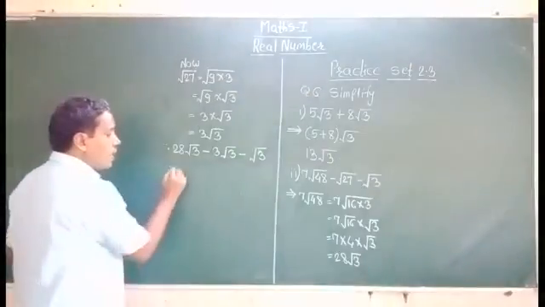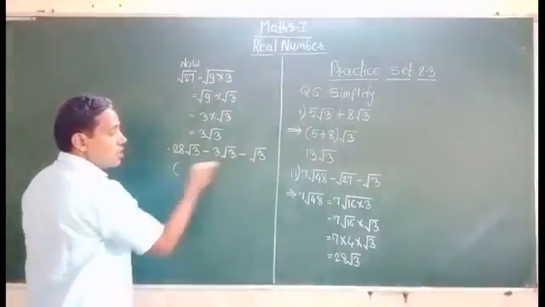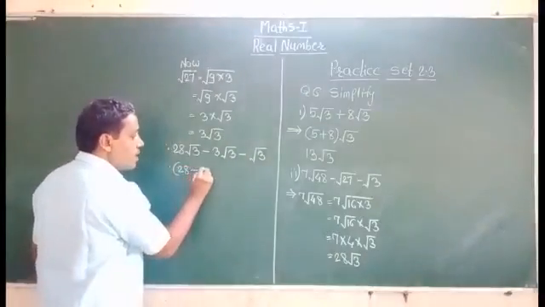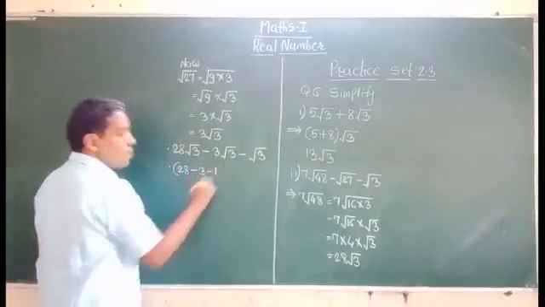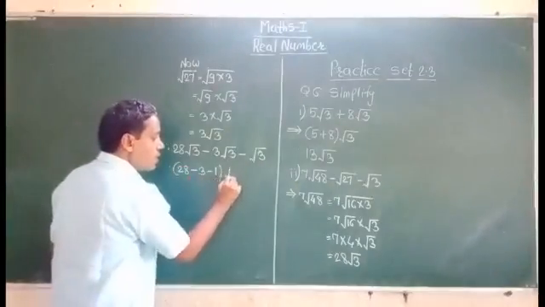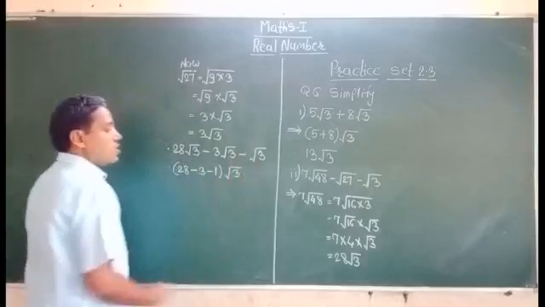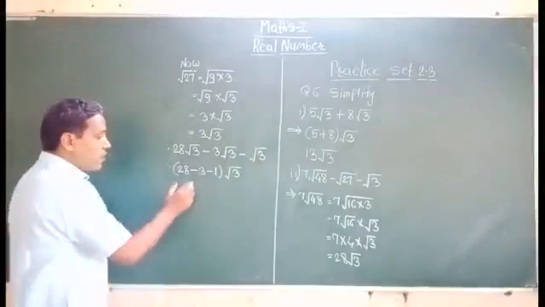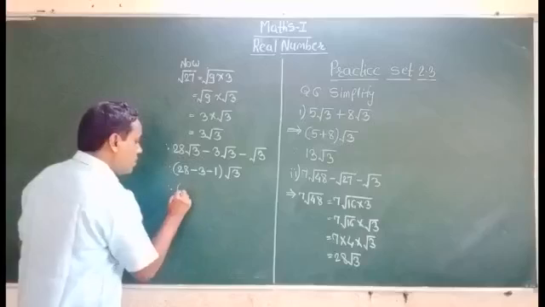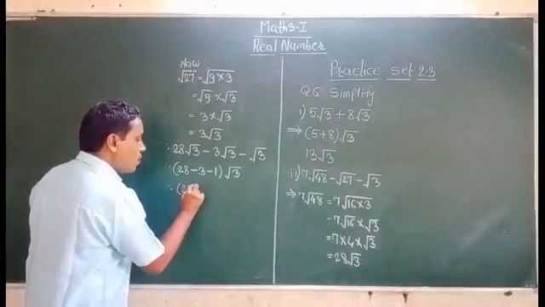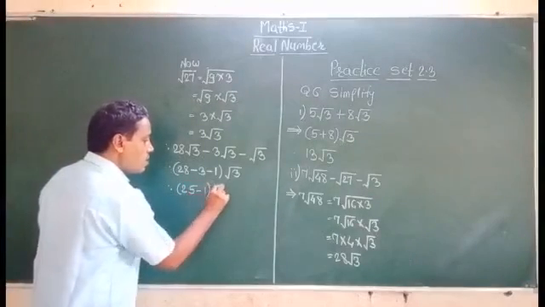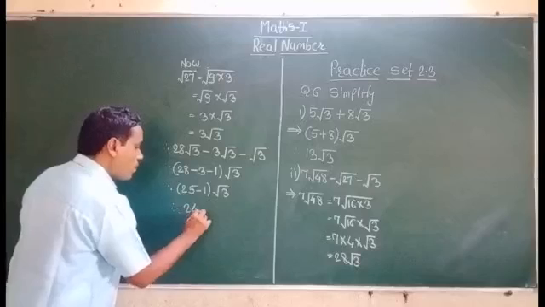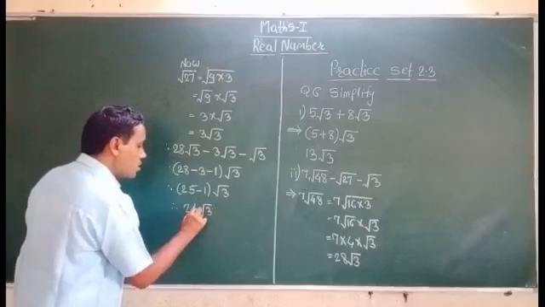So we write all the coefficients in one bracket: 28 minus 3 minus 1, bracket complete, surds 3. Therefore we carry out the subtraction between them. 28 minus 3 is 25, 25 minus 1 surds 3, and therefore 24 surds 3.